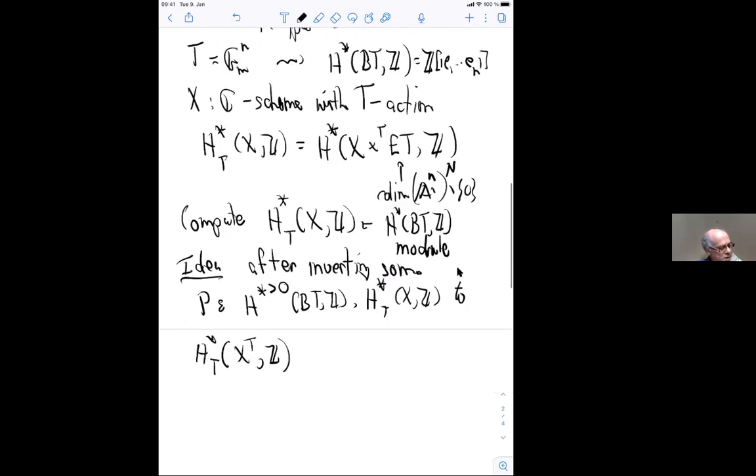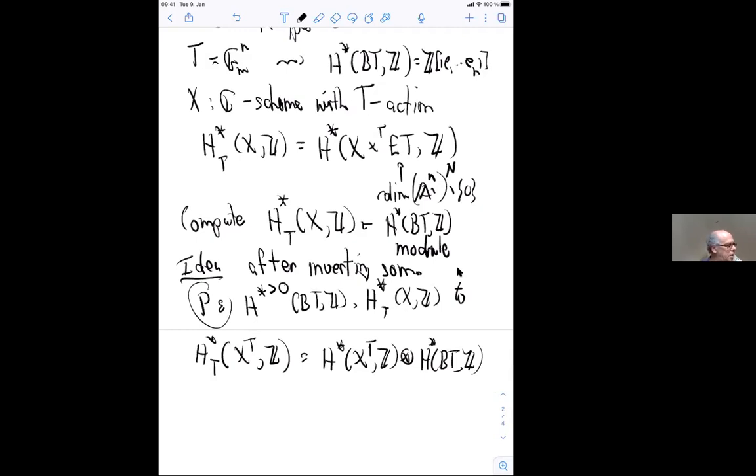But since they're fixed, this is just going to be the usual cohomology of the fixed points tensored with the cohomology of the classifying space. So after inverting some elements.